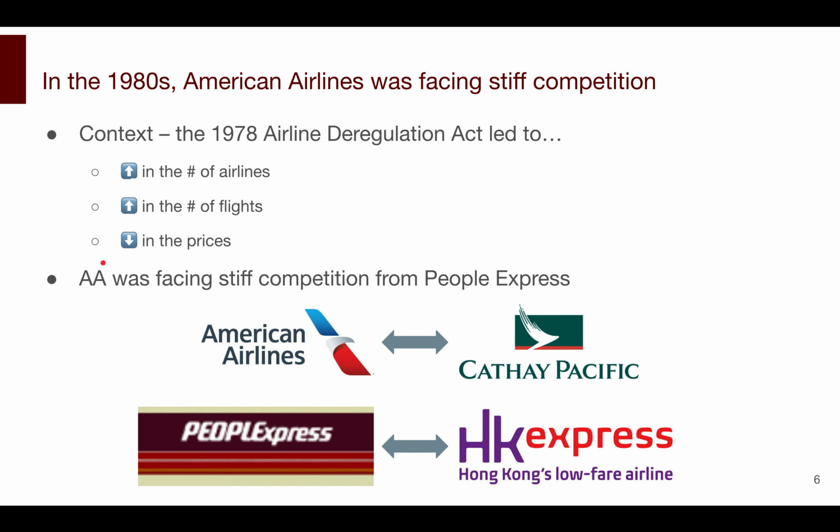And when that happened, American Airlines was facing stiff competition from a new startup called People Express. American Airlines was a so-called legacy carrier, somewhat similar to Cathay Pacific in Hong Kong, whereas People Express was a low-cost carrier similar to Hong Kong Express, which is obviously from Hong Kong.